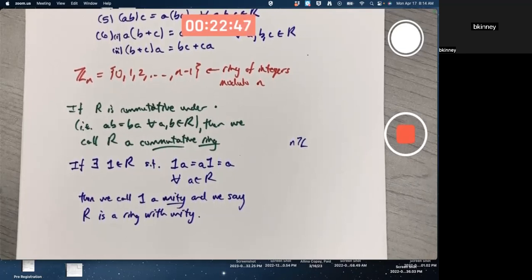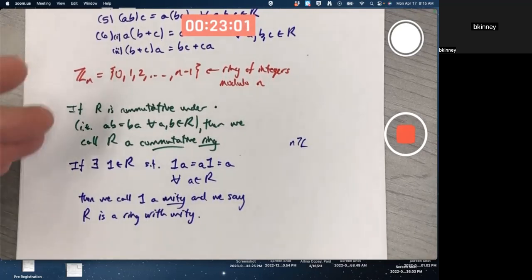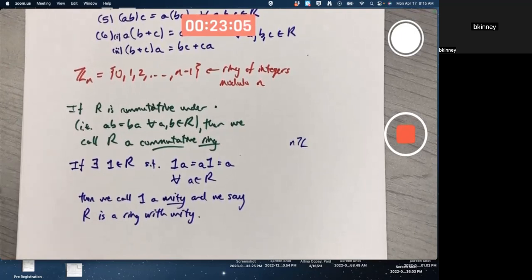Those are different rings that I'm mentioning now, but those will all be rings of matrices that include the identity matrix in them. And they would be rings with unity that are not commutative. If it's both commutative and has unity, we say it's a commutative ring with unity. Add both words in.